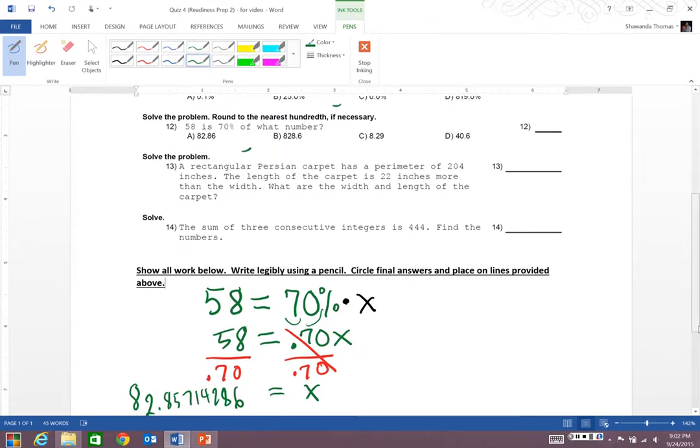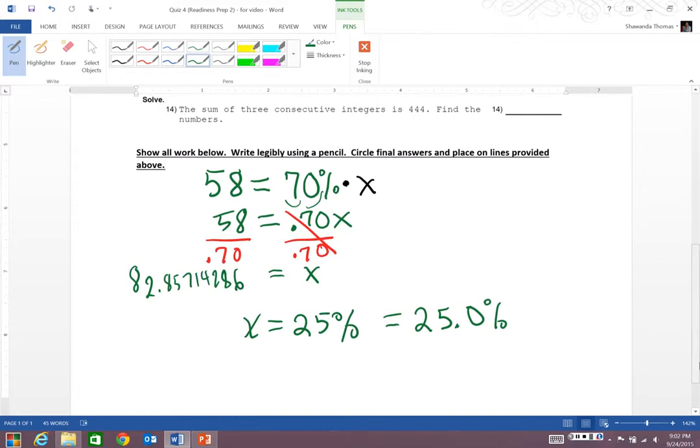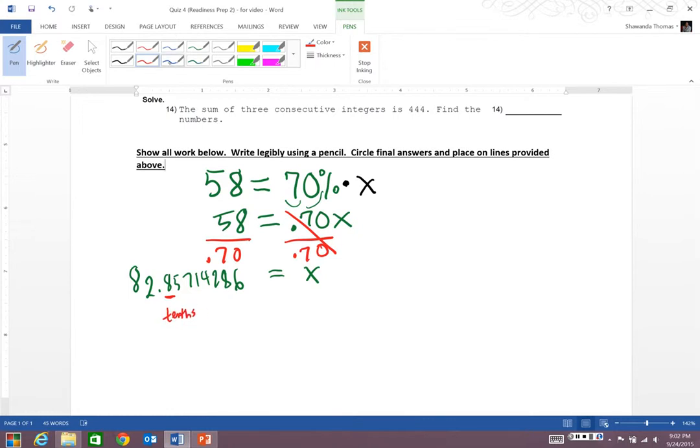So, what is the hundredths place? Well, the first number right after the decimal is the tenths place. But the second number after the decimal is the hundredths place. Then it goes on to thousandths, ten-thousandths, and so on.